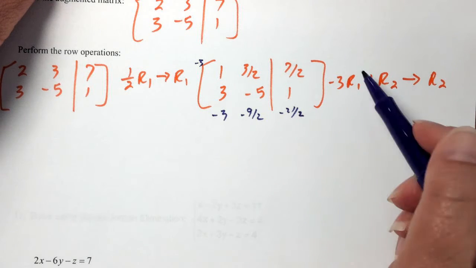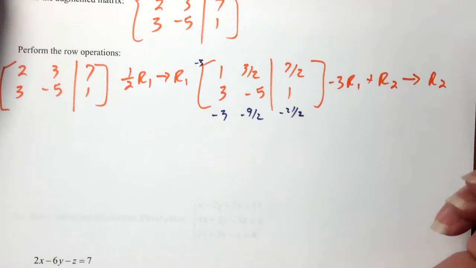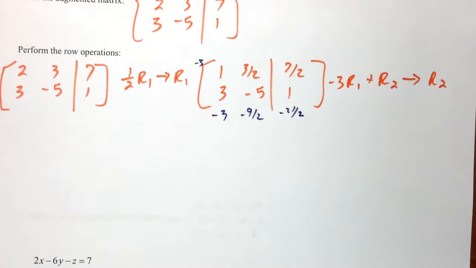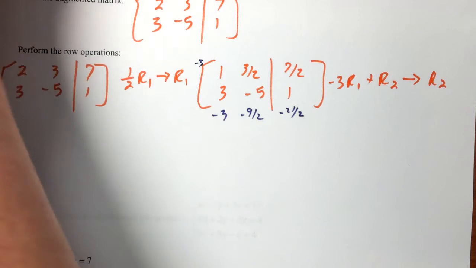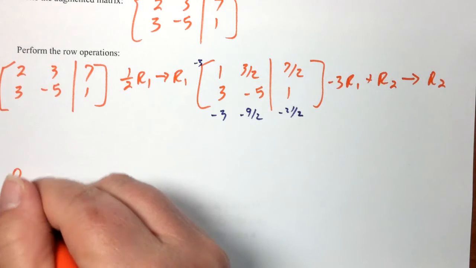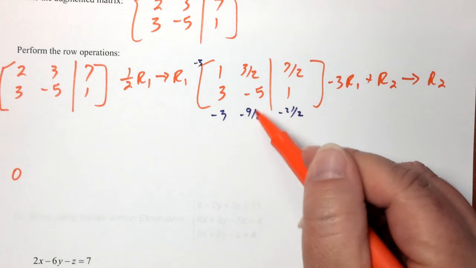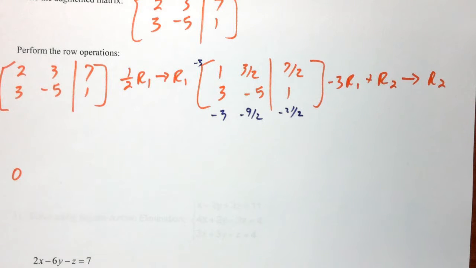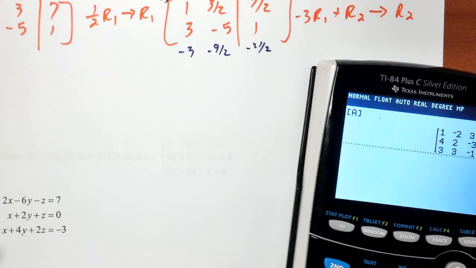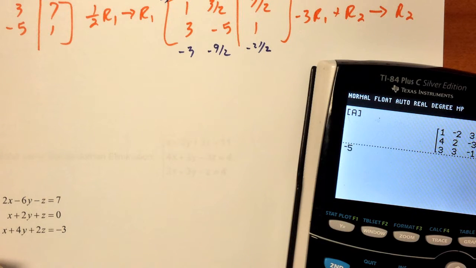Okay. Multiply. Now I need to add and stick the result in row 2. So 3 and -3 makes 0. That's going to be the bottom number in row 2. -5 and -9/2. Let's use our calculator here. -5 plus -9/2 is -9.5.